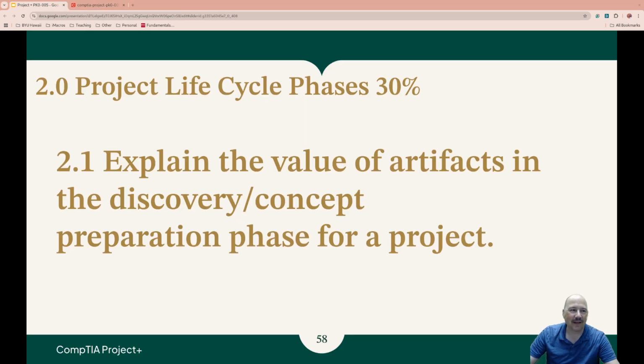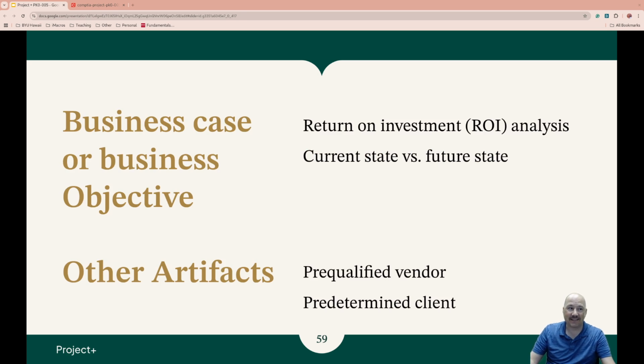So, business cases or business objective. When you're discovering or preparing a project, you're thinking about different things that will help. For example, is this going to make me money? If I put $5 in, am I going to get $10 out or 20?